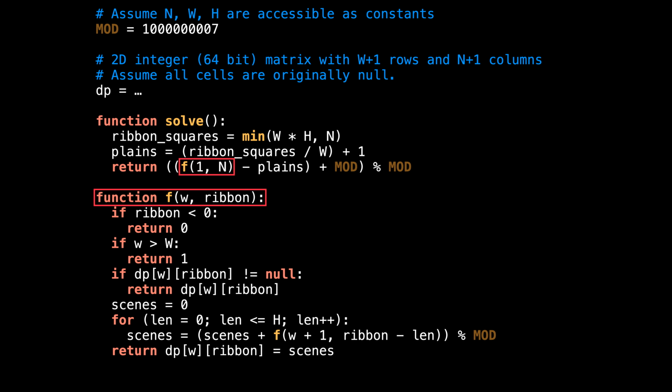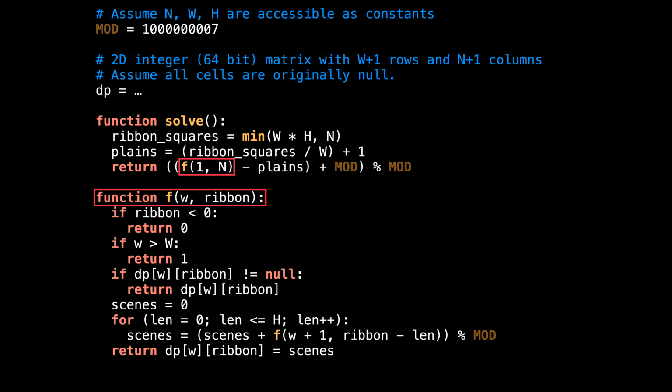When f is called in the solve method, I originally pass in 1 as the starting column index, and provide n as the amount of ribbon our artist has to work with. As a side note, you could also pass in the ribbon squares variable as the amount of ribbon the artist has to work with instead of n.